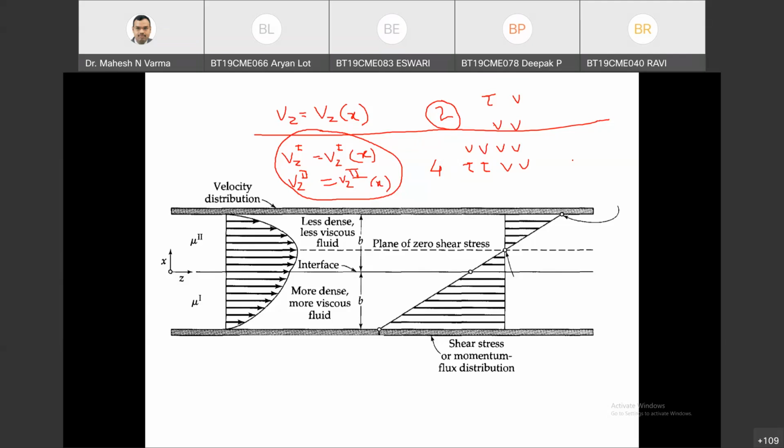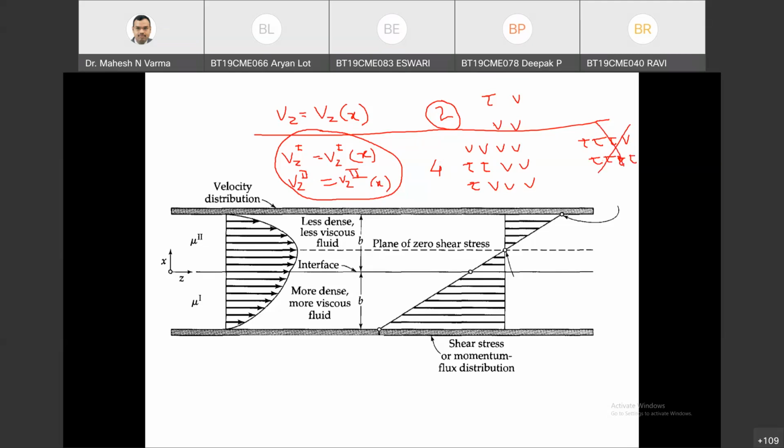Is any other case possible? This will be solved if I have one flux condition and 3 velocity conditions. But the problem cannot be solved if I have 3 flux conditions and 1 velocity condition, or 4 flux conditions.